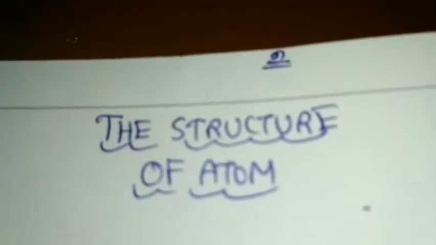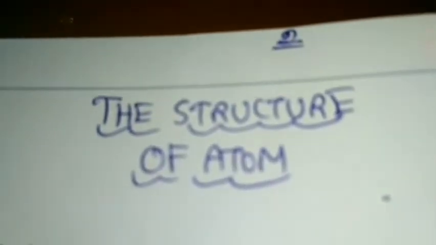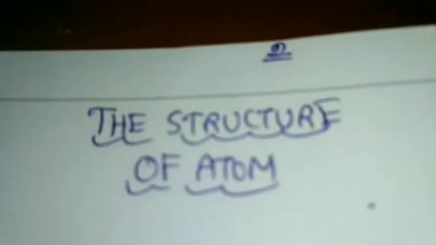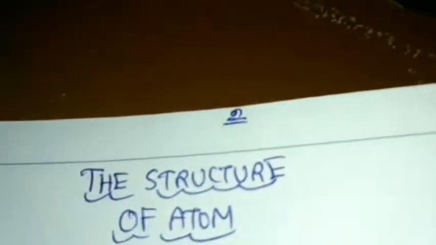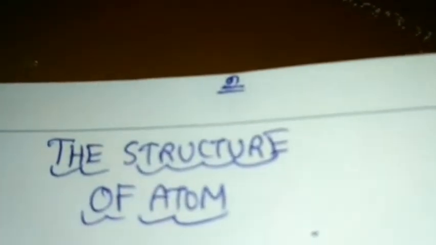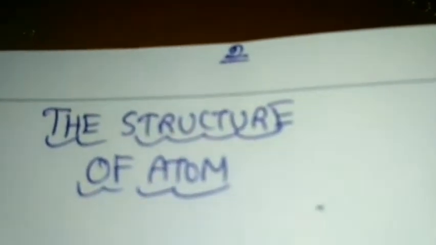You would say 2 comma 1, right? So we fill in the order 2, 8, 8, 18, 18, 32. But that won't work here, guys. I am warning you at the beginning only.